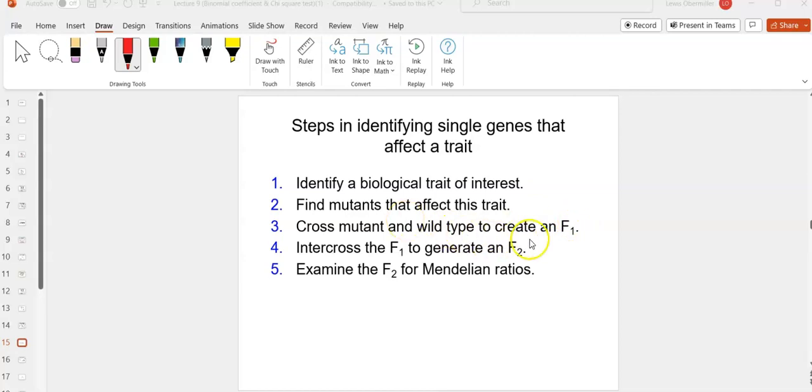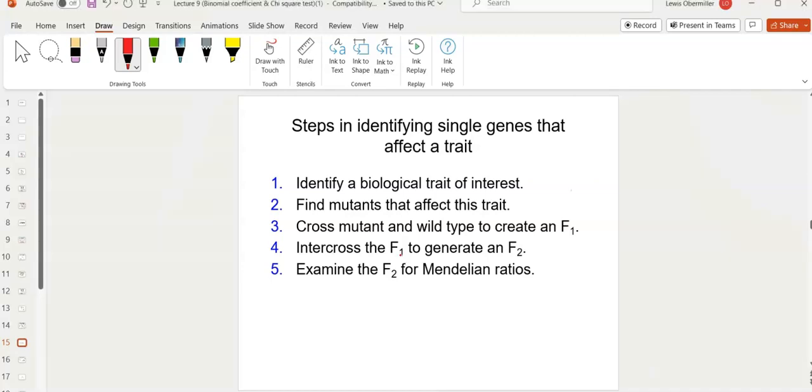And then you cross the mutant with the wild type to create an F1. So in this case, generally we're going for a heterozygote, right? In the F1 generation, and then we self them, so we end up with a monohybrid cross. And when we do that intercross, that monohybrid cross, sib mating, you're guaranteed that all of them are going to be heterozygous in this case, right?